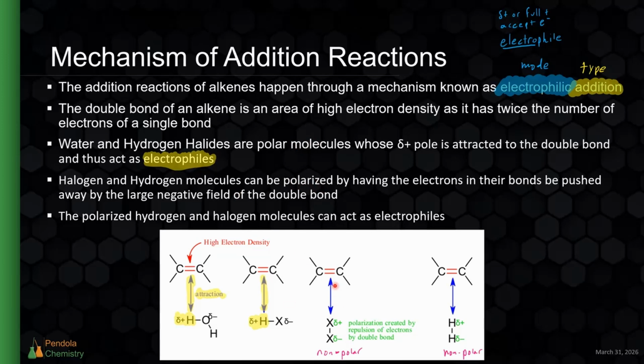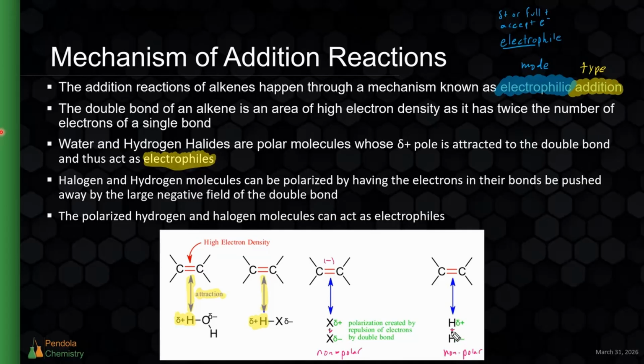In this case, what happens is that the very high area of electron density, or the negative double bond, is going to polarize the non-polar bond. It's very similar to what happens with London dispersion forces, where because this area has a high negative charge, it pushes away the electrons in the single bond between the halogens or between the hydrogens.